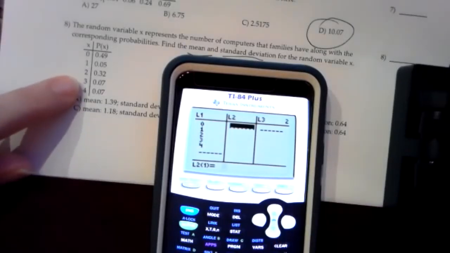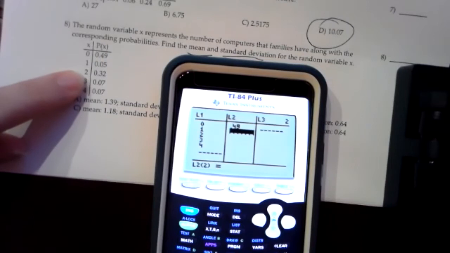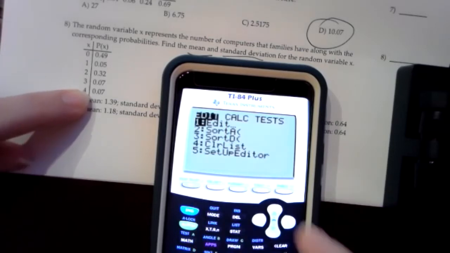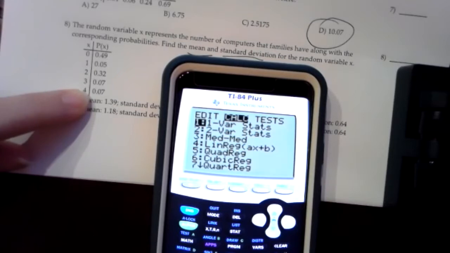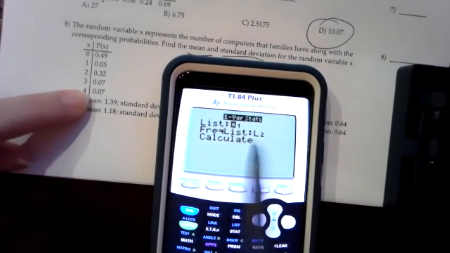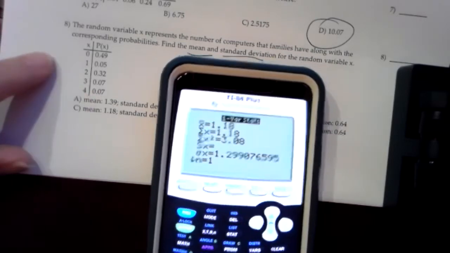On the other side, I'd have my 0.49, my 0.05, my 0.32, 0.07, and 0.07. I'm going to go to Stat, Calc, 1-Var Stats, make sure I have L1 and also L2. Calculate, and it's going to hand me everything I need.